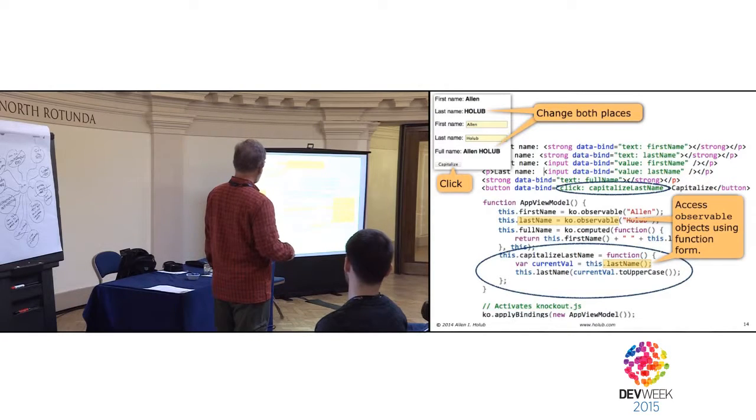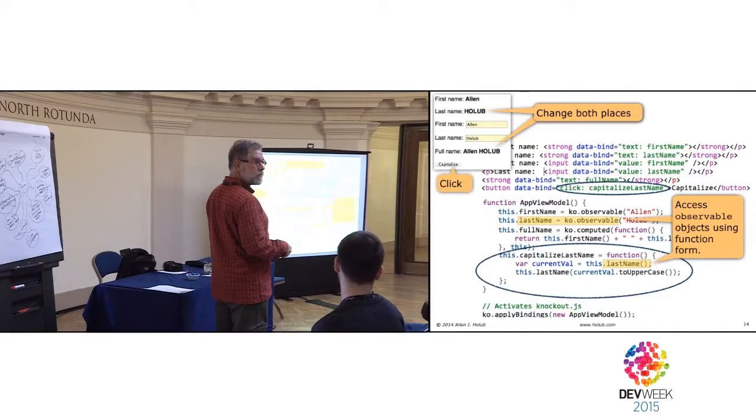All right, and the click method here is a binding. This is another kind of knockout binding. It's saying, okay, I'm going to bind the click on this button to the capitalized last name method. So when the click event occurs up at the button, capitalized last name is called.